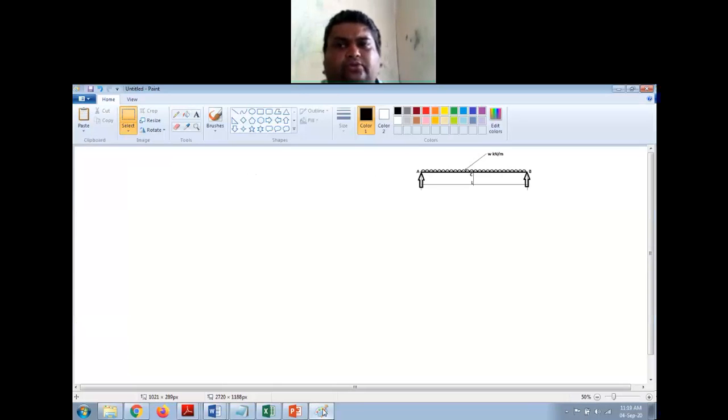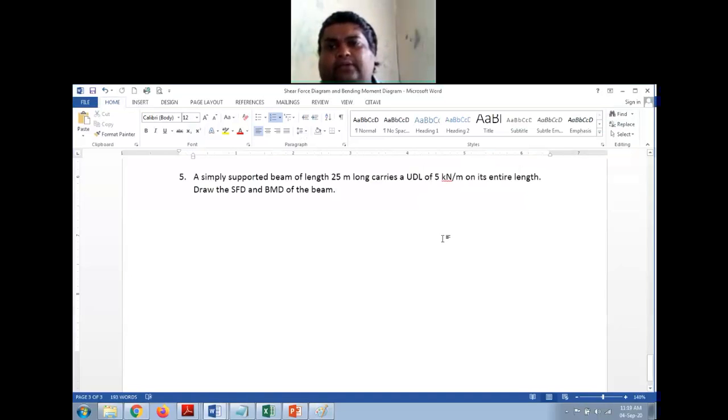Okay, so I have taken the sketch which we used for explanation earlier. So this is my beam and the load per unit length is 5.